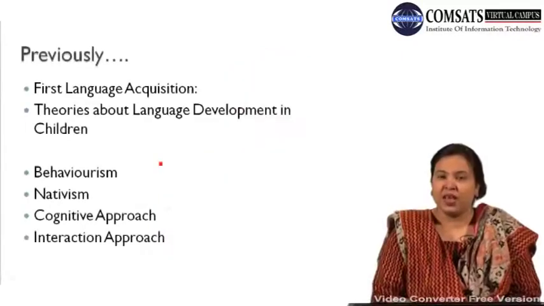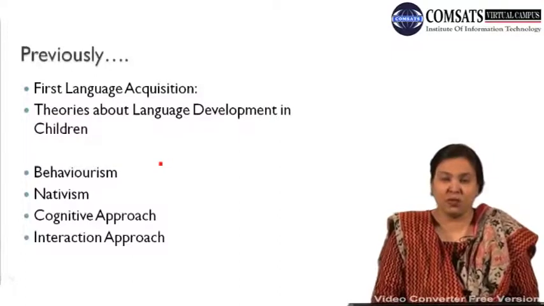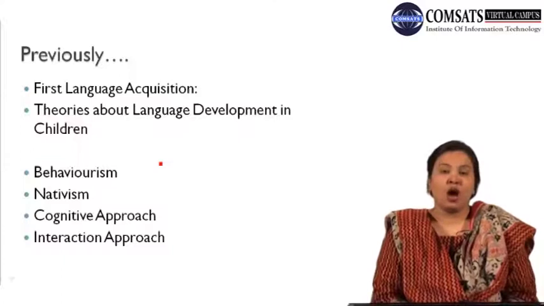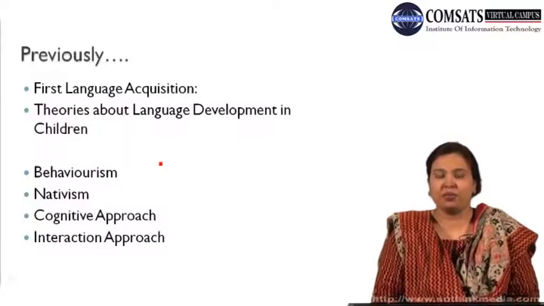As you can see, today's lecture topic is based on second language learning and theories. Before going into the details of what is meant by second language learning and what the different theories say, and the way they define this process, let us recall what we have done so far. In our previous two lectures we discussed in detail how language is developed.